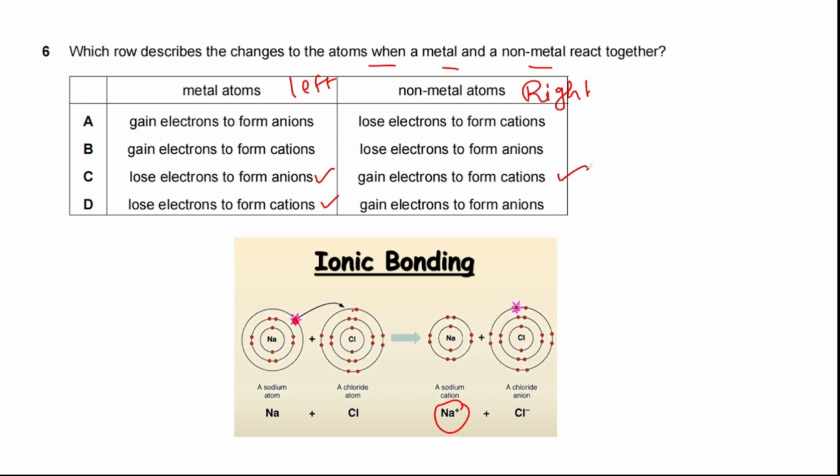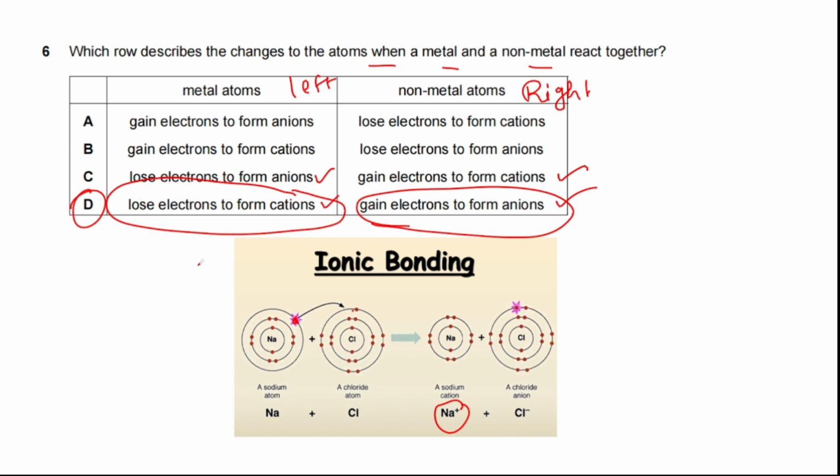So they have a tendency to gain the electron. Here it is losing the electrons and gaining the electrons, but the anions and cations are different. Whenever you lose the electron, it will become a cation, not an anion. So this term is correct, not the previous one. And after gaining the electron, it will become an anion. So the correct option is option D.